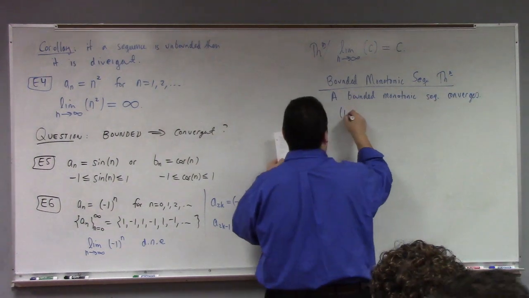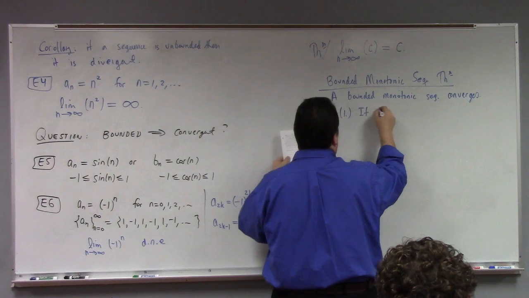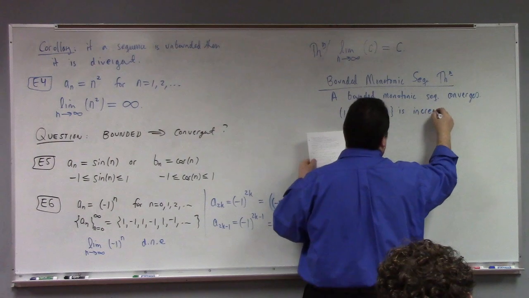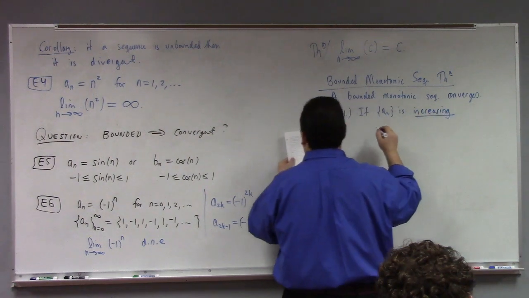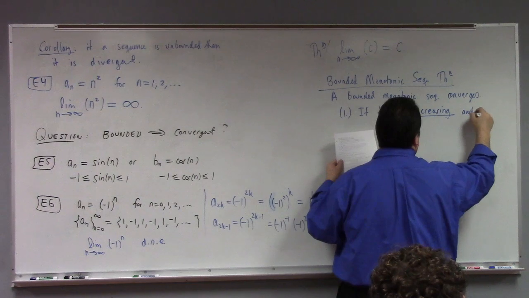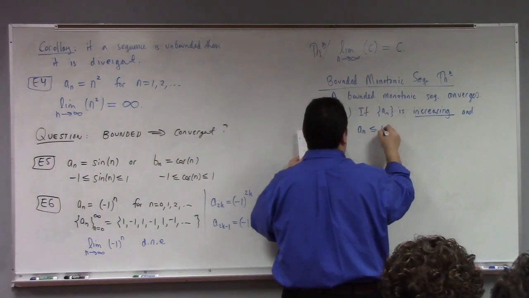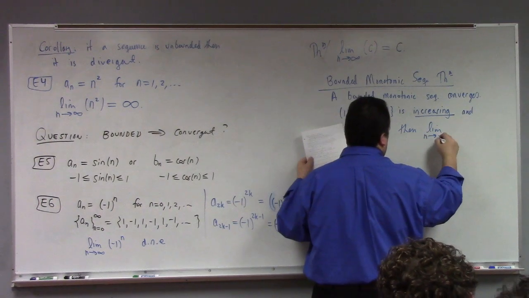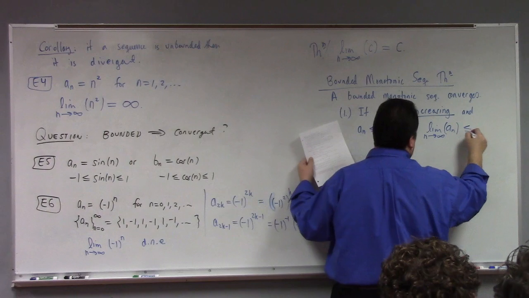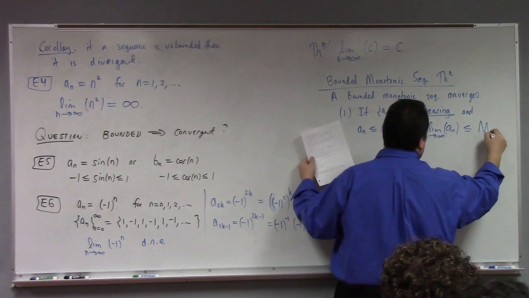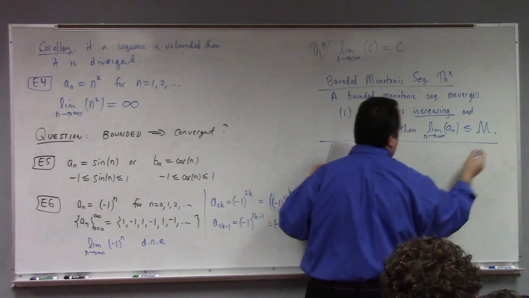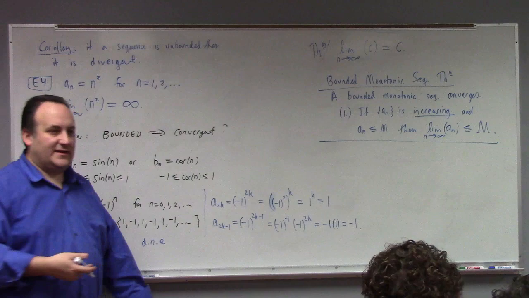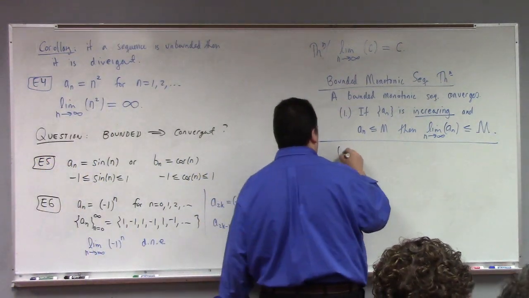Moreover, there are two things that could happen. Number 1, if your sequence is increasing and a sub n is less than or equal to m, then the limit as n goes to infinity of a sub n is less than or equal to m. You might wonder what monotonic means.